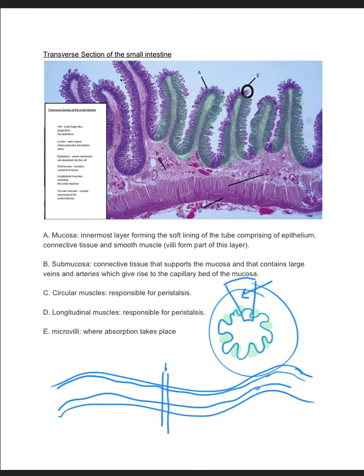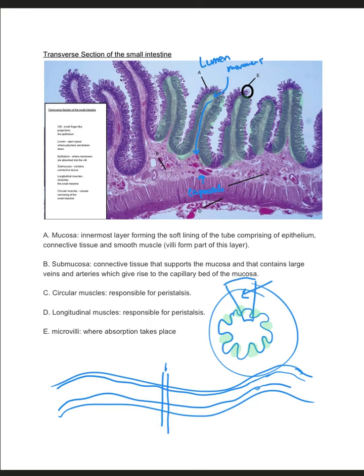Food here in the lumen, basically the monomers, are absorbed into the small intestine. These go down to these little red bits, which are the capillaries, and the capillaries are taken to the rest of the body. So the main job of these villi is literally to absorb food.